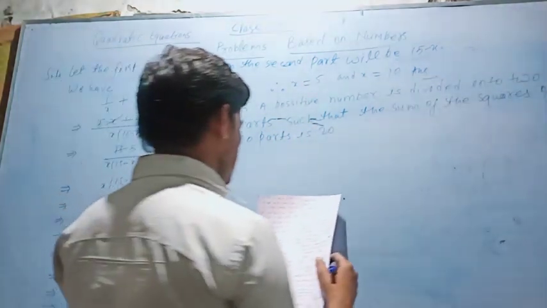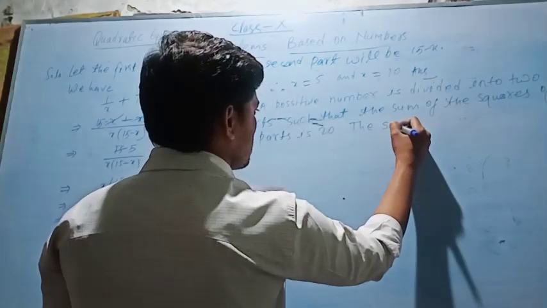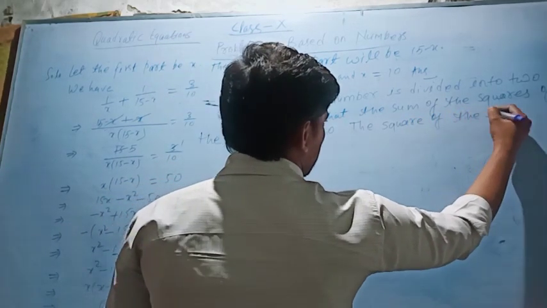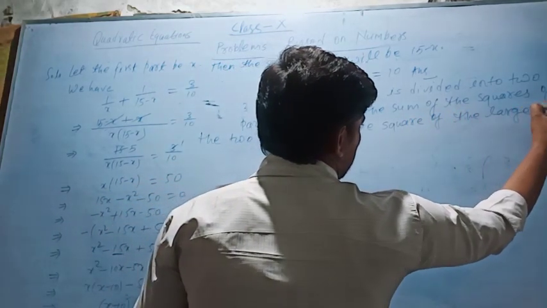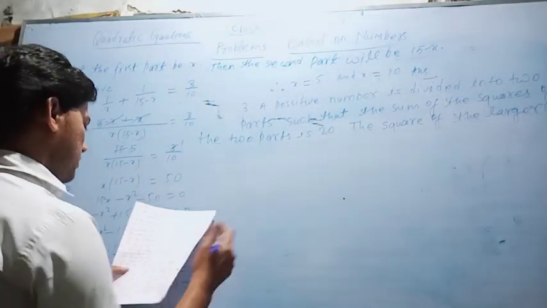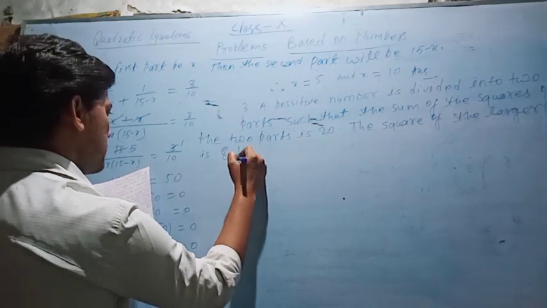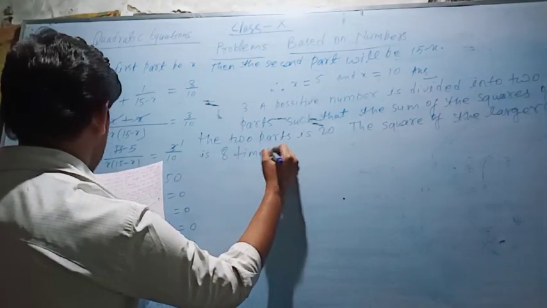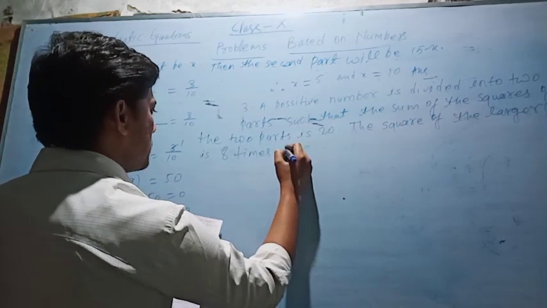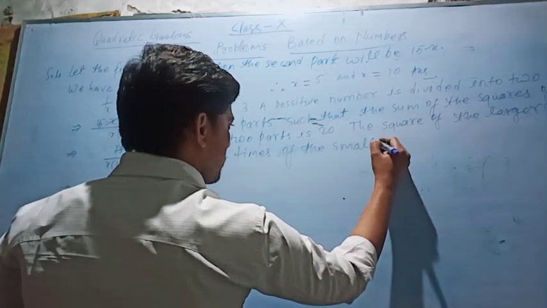The square of the larger part is 8 times the smaller part.